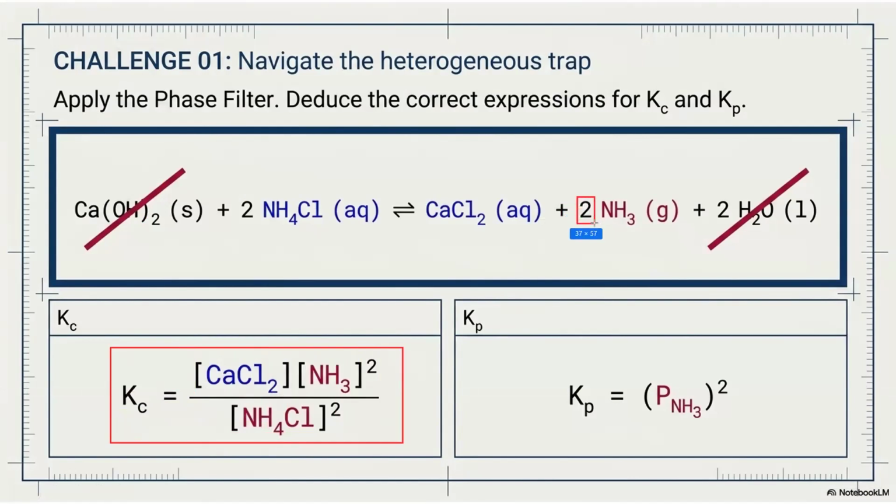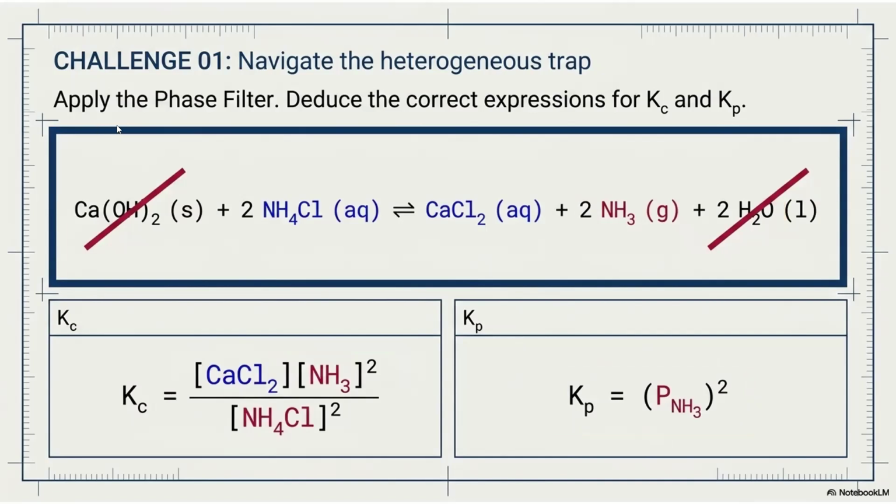We are not going to include water because it is a pure liquid, over the concentration of NH4Cl squared because it is the reactant. So this is the expression for Kc. And finally, for Kp, we have Kp equals the partial pressure of ammonia squared, because we only consider the gas. So this is how we express Kc and Kp for a heterogeneous system.